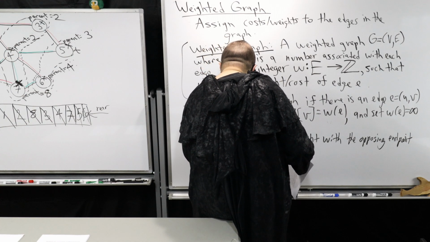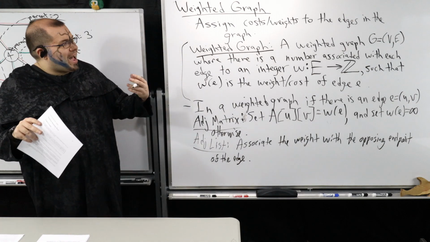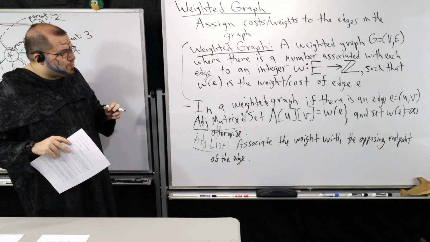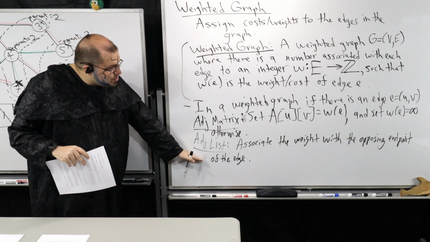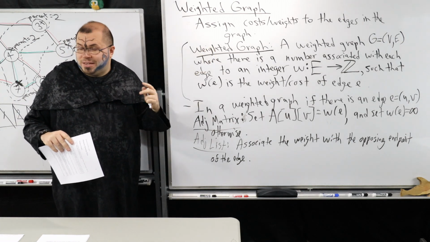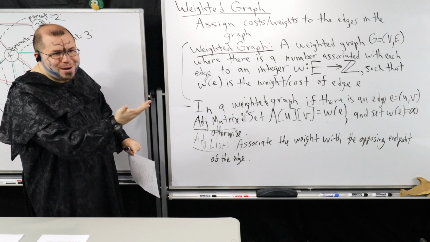Just like I said earlier with the adjacency matrix, you can have edge objects that store the weight or cost with that object, or you can simply store it along with each one of your nodes in the linked list with the opposing endpoint. So when you pull out the information about the other endpoint, you can also grab the weight.